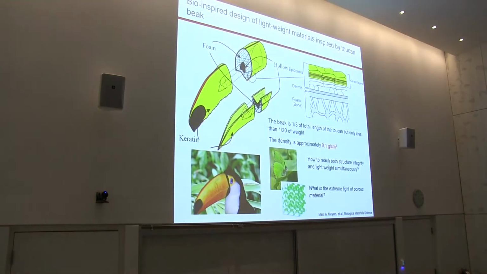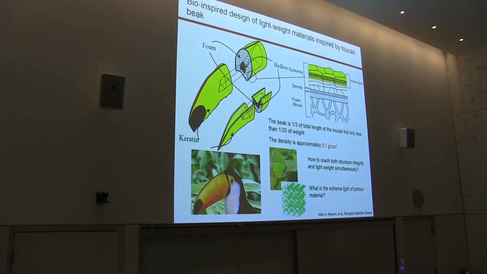Besides that, I was amazed by a research topic once when I was teaching a design class for undergraduate students. I introduced them to the toucan beak. Many of you might have seen that on TV or in the zoo. Those birds have such a huge beak structure, right?